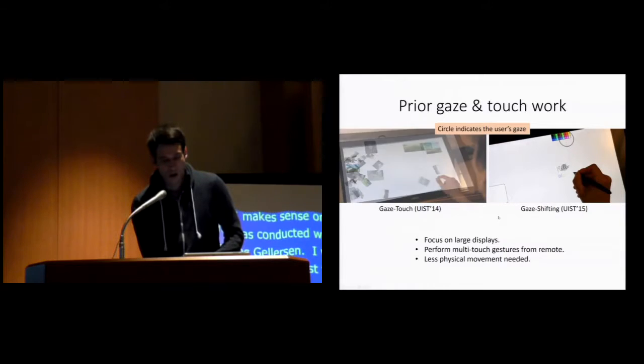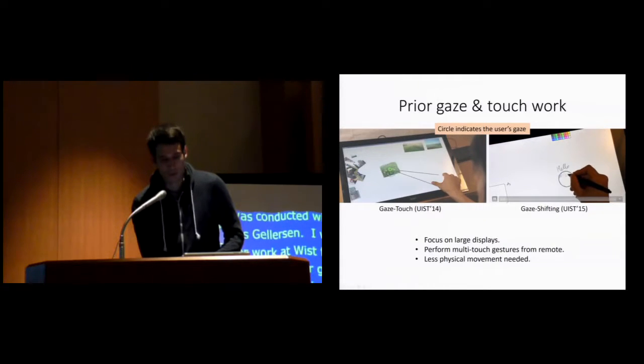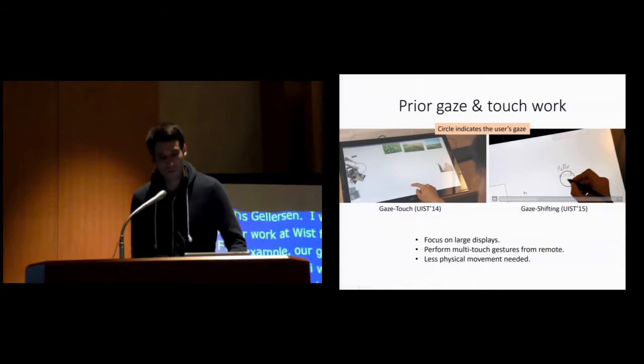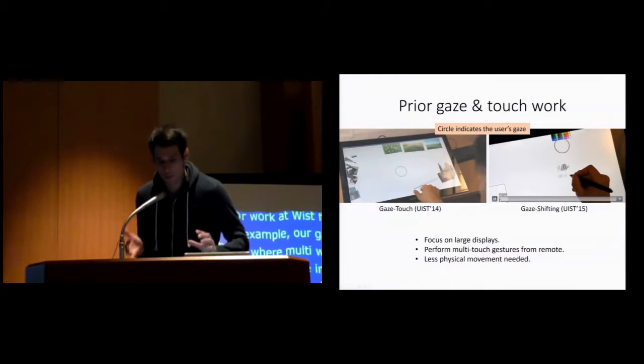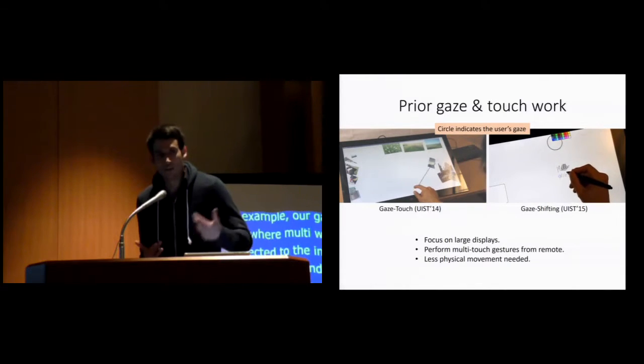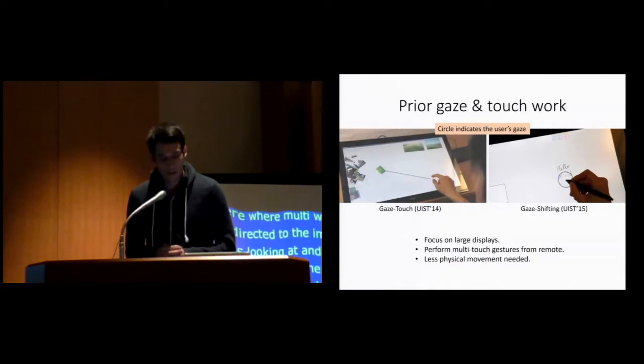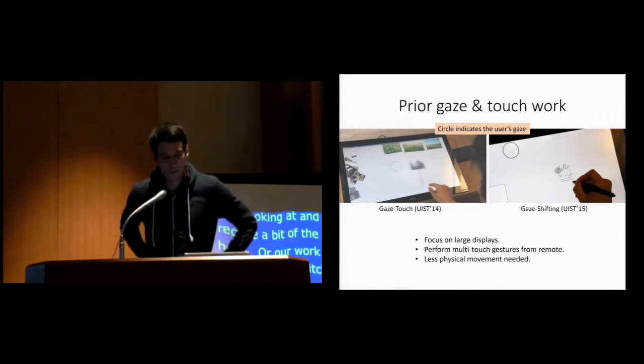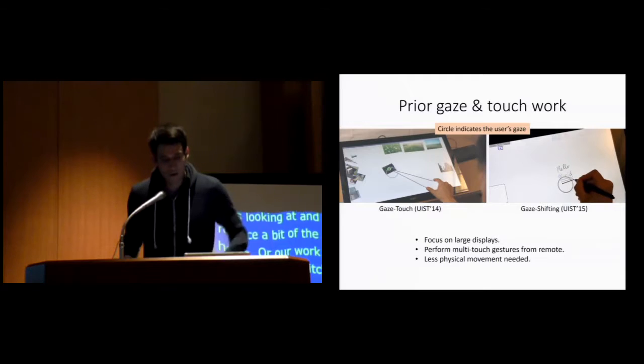Or our work last year, where we used context switching, so the user could write with a pen when they're looking close to where they are writing. But when they look at the menu, they could change the color, for example, or other things. And it again allowed to reduce a bit of the physical movement needs.